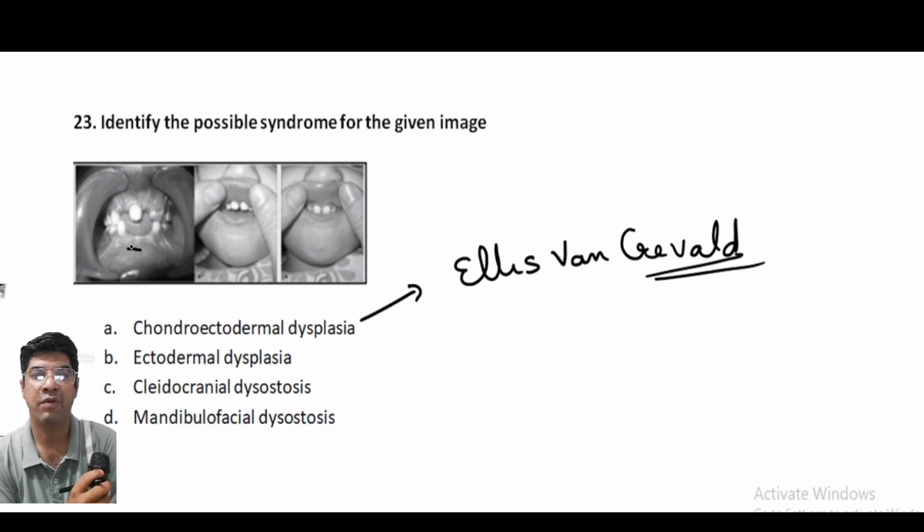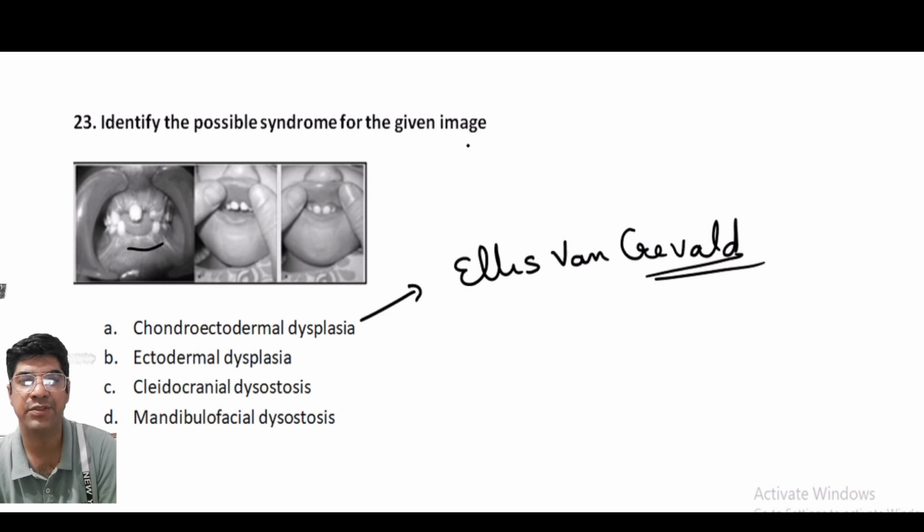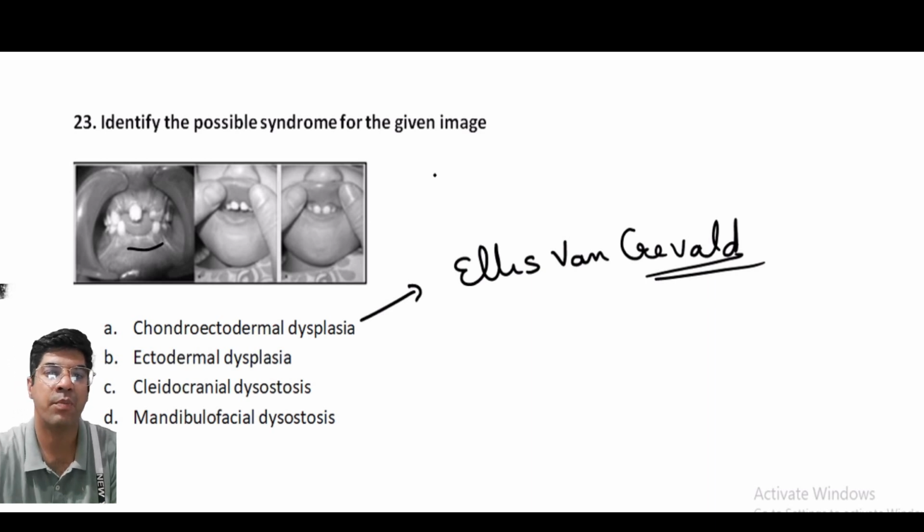It may involve the skeletal system and the ectodermal system, so there would be dental anomalies like missing teeth and malformed teeth. It can affect both the ectoderm and mesoderm components. The ectodermal components are the skin, hair, nails, sweat glands, and the mesodermal component is the skeletal tissue.